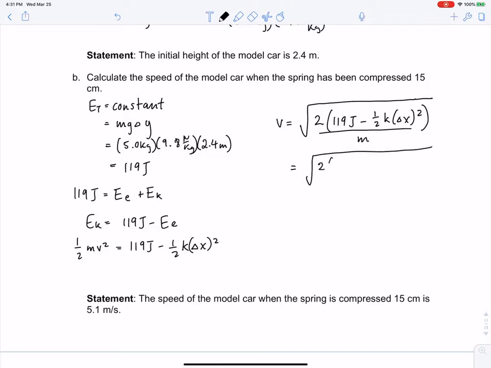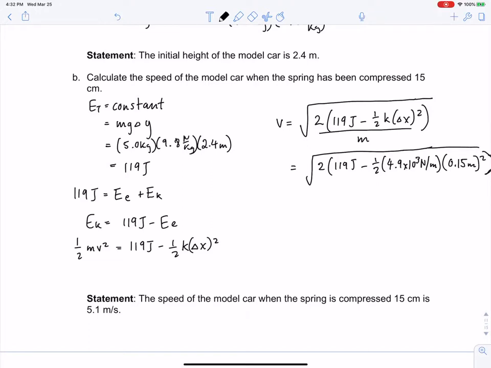We get 2 times 119 joules minus 1/2 times 4.9 times 10 to the power of 3 newtons per meter times the displacement. The residual displacement is 15 centimeters or 0.15 meters. Close this bracket.